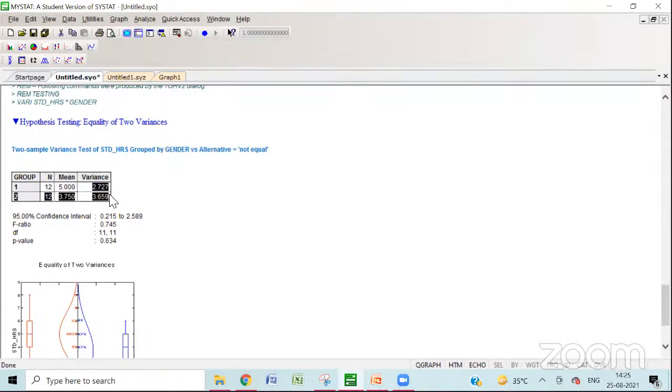But by doing this variance test, we assume that there is no difference in the variance. Variances are there, but the difference is not significant. So this 2.7 and 3.6 are considered not significant. So there is no significant difference between the variances. We can assume that both are the same.